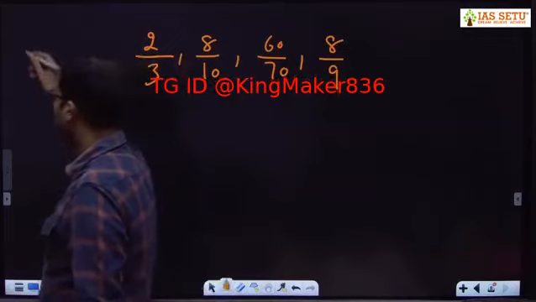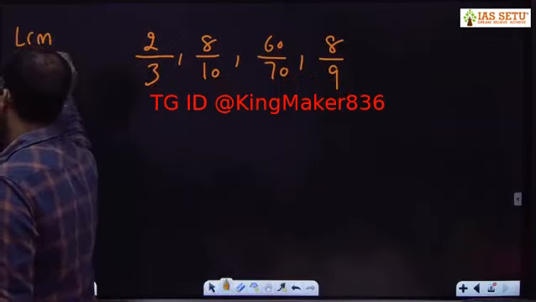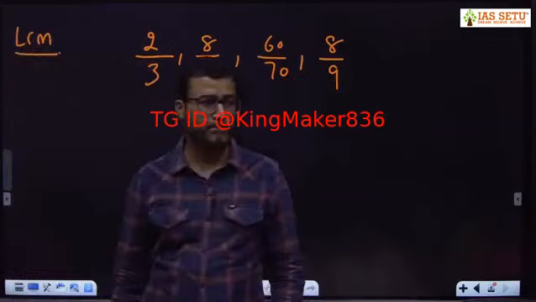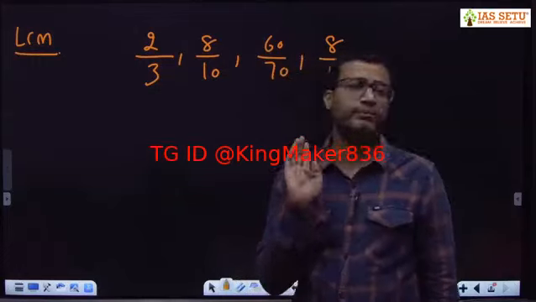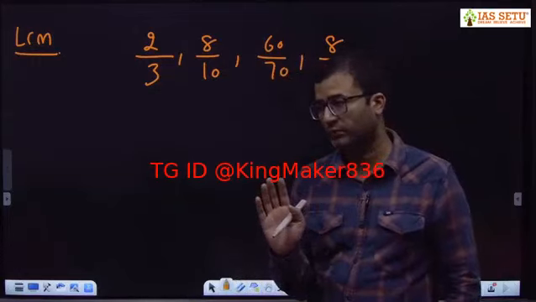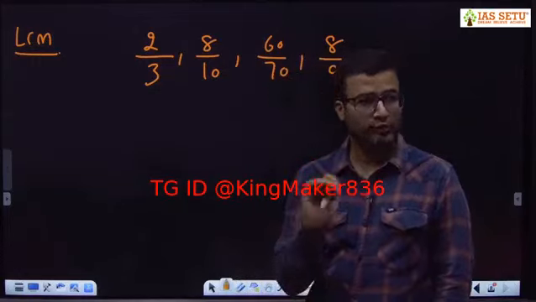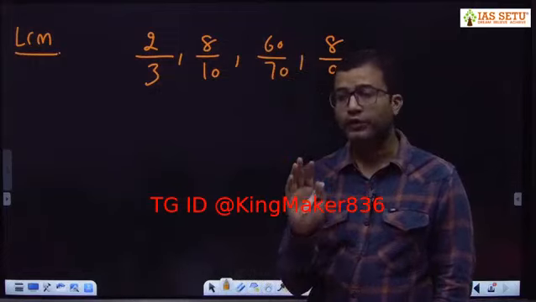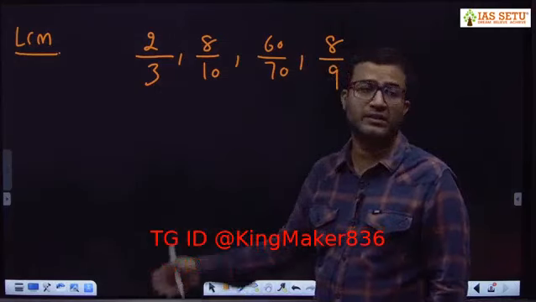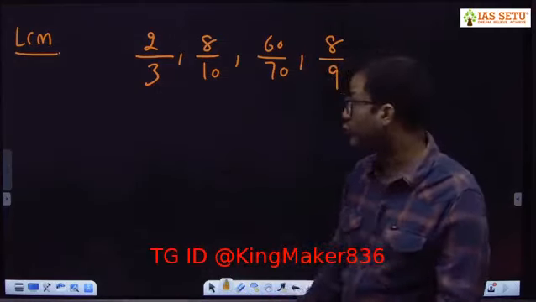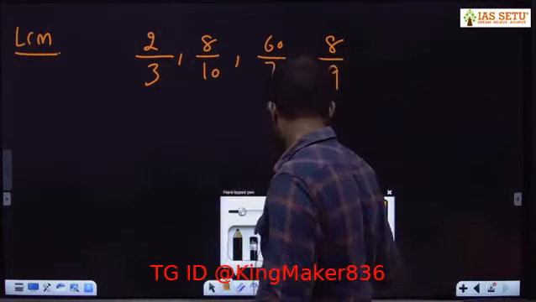It is asked what is the LCM of these given fractions. Now step number 1, you have to simplify the fractions, and don't forget, it is a protocol. Without simplification you can also solve, but you may get a wrong answer. Why take a chance?